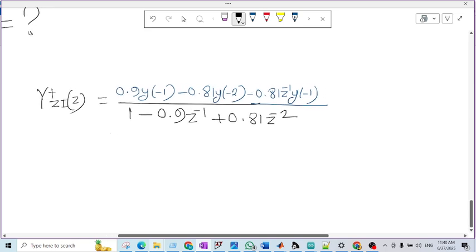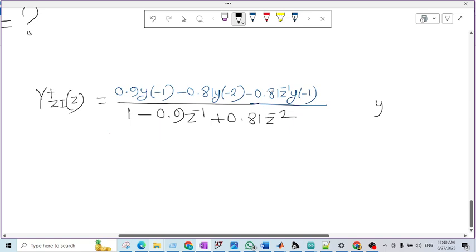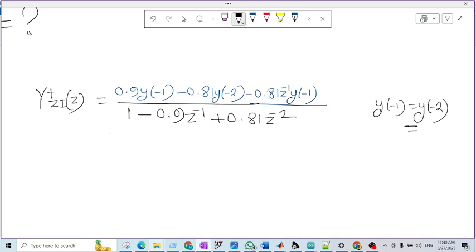And can you remember what our initial conditions were? Both the initial conditions in the question were 1.